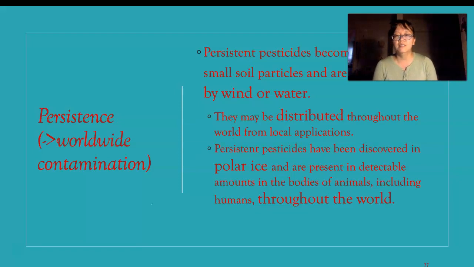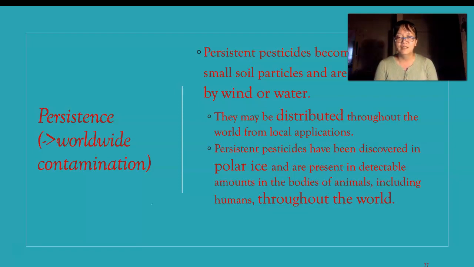The persistent pesticides become attached to small soil particles and are easily moved by wind and water. As I mentioned just a couple of slides ago, they may be distributed throughout the world from local applications. So globalization of the contamination from those chemicals resulted from soil erosion.